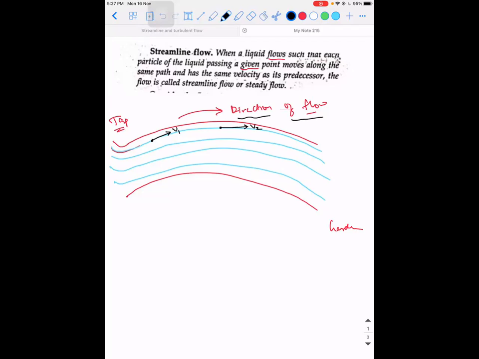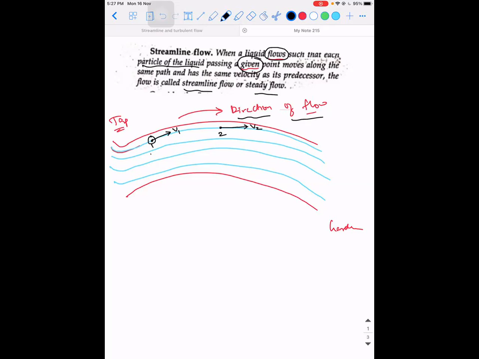Clear? Now comes an important question. When the liquid is flowing, how is it supposed to flow for it to be called streamline flow or steady flow? It should flow in such a way that a liquid particle passing through a given point, if I take points 1 and 2, if I take point 1, then how many particles will keep reaching point 1 when you see from the left hand side?